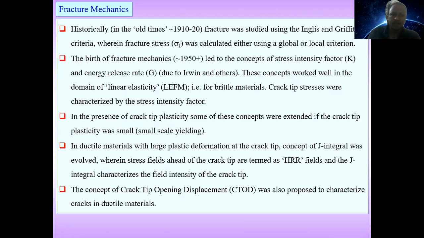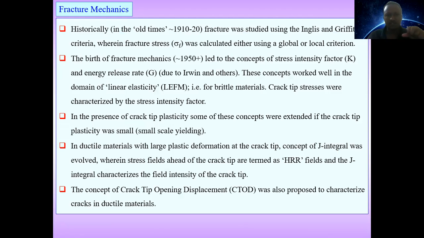Historically, in 1910 to 1920, fracture was studied using Inglis and Griffith. These are two scientists who began fracture mechanics, and they are called the fathers of fracture mechanics, wherein the fracture stress sigma F was calculated using either global or local criteria.